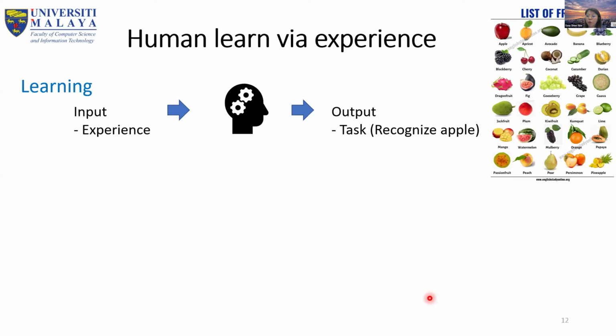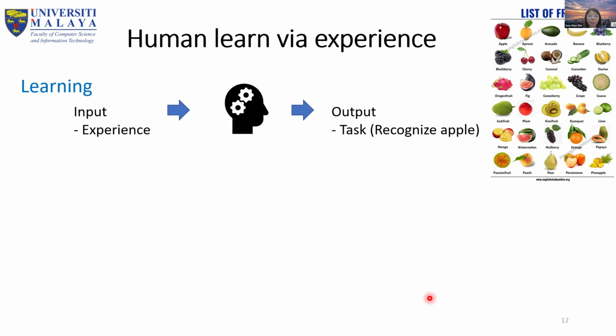And when you go out to the morning market, you see an apple and ask your kids, what is this? Through different experiences, our human brain is able to identify and recognize that something with a red color, that belongs to fruits, and has this kind of shape, is an apple, right? So we learn through experience and different kinds of examples that we see in real life.